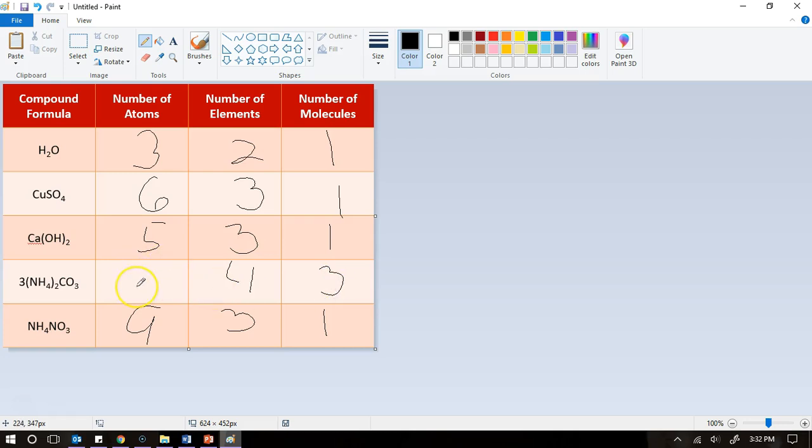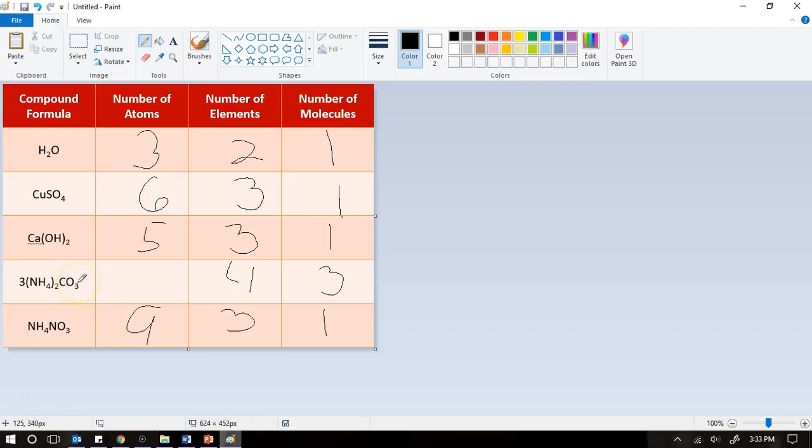Here's where this gets a little trickier. Okay, so my number of atoms, right? Well, let's write this off to the side here. So I need to distribute this in. So I've got 2 nitrogens. 2 times 4 gets me 8 hydrogens. So 8, 9, 10. Plus 1 carbon gets me 11.